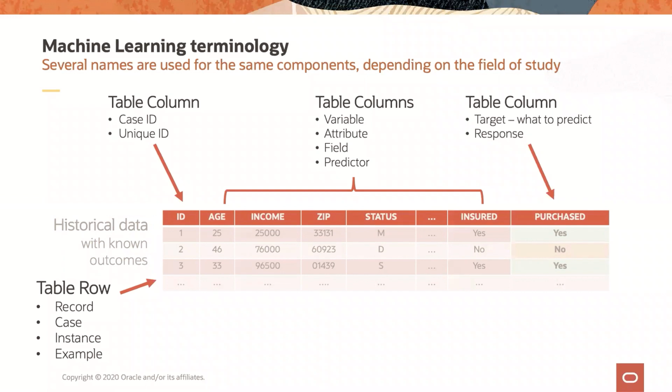If you're talking to a data scientist, or to someone that is a statistician, he would call it a variable easily. But if you're talking to IT, that will be a column, right? So it really depends on who you're talking to, but normally that might have many names. There's also a column on the table that normally you would use as your case ID or unique ID.